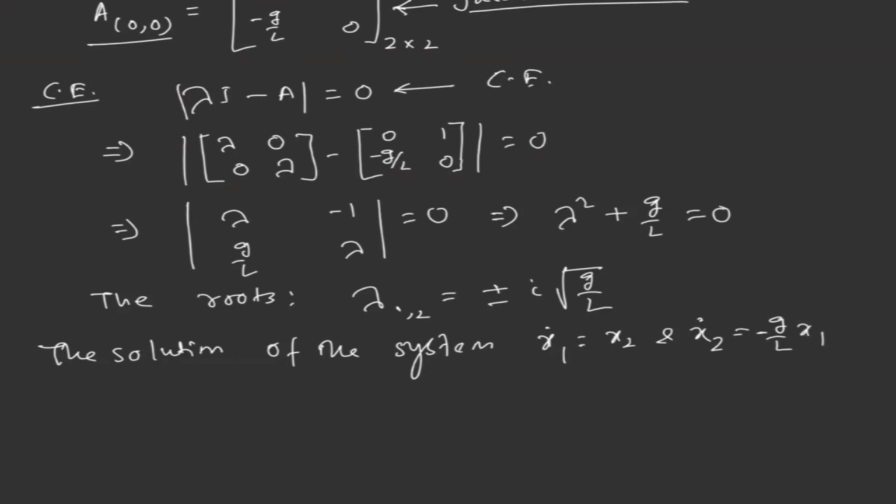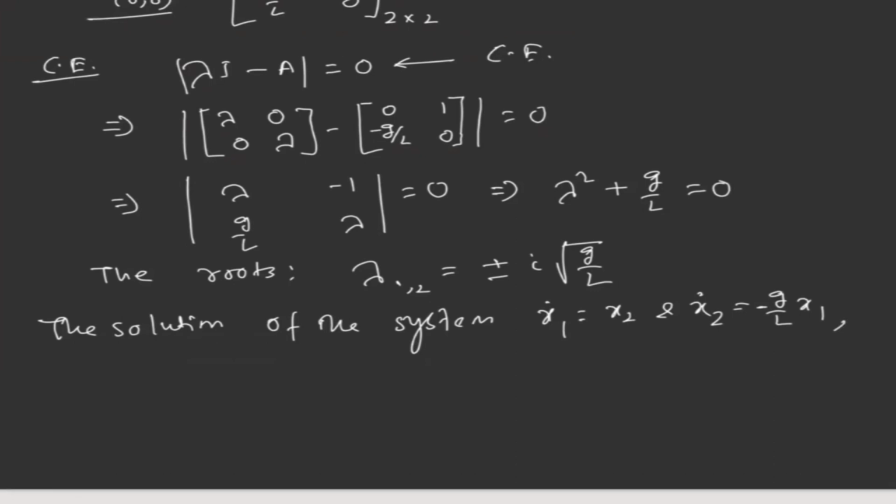So this is the expression we had. x1 is the variable, basically x1 of t, or I can write theta of t, is the only variable we need to find the solution for. This is the only state that appears in the output equation.